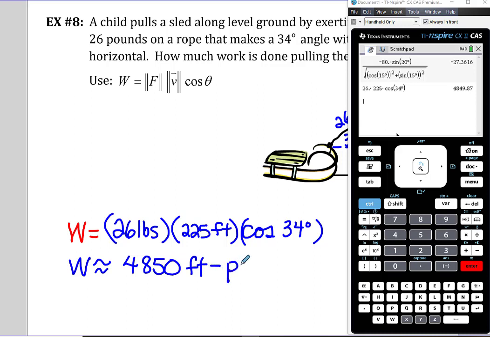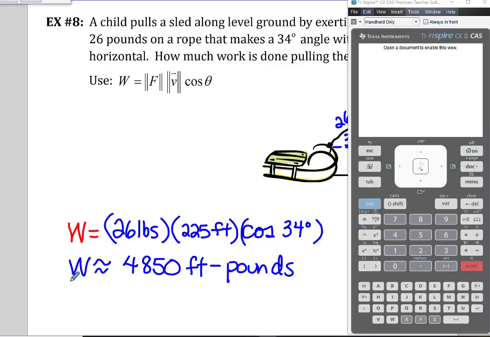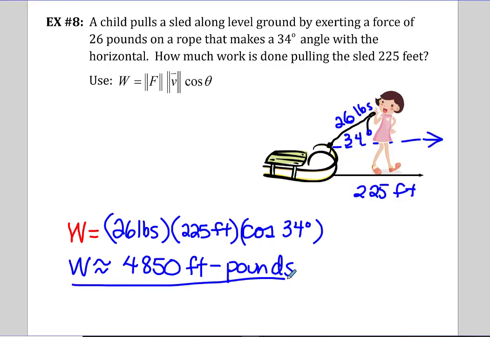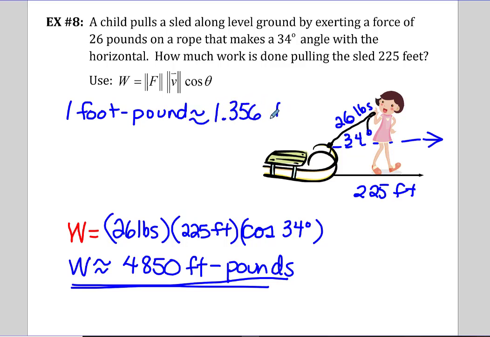4,850 foot-pounds. And if you want to make a note about what a foot-pound is, just for your own knowledge, since our units are foot-pounds, 4,850. 1 foot-pound is about 1.356 joules.